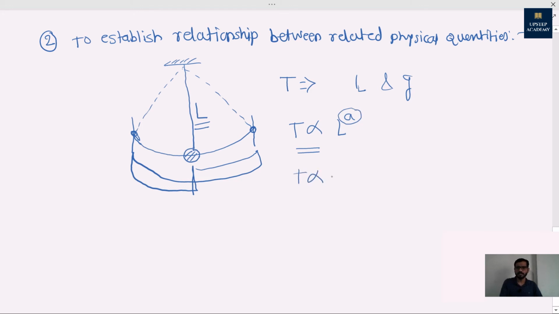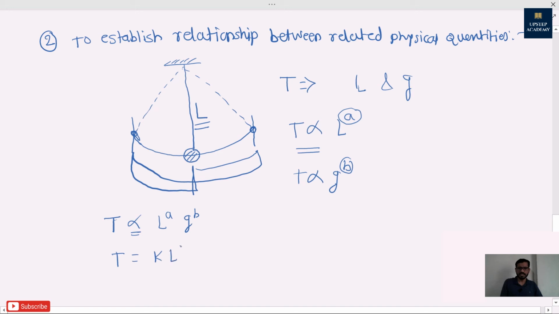Similarly, T is proportional to g, and let's take its power as b, which we have to find out. Let's put them together: T is proportional to L raised to a and g raised to b. To eliminate this proportionality sign, let's take one constant k: T = k L^a g^b. So now what we have to do is use dimensional analysis to find the values of a and b.